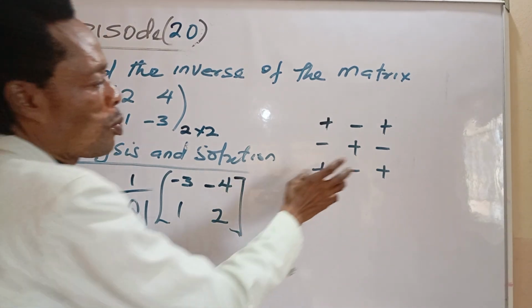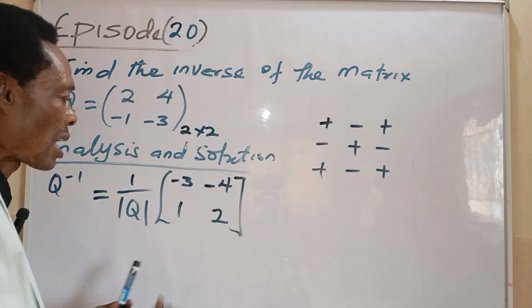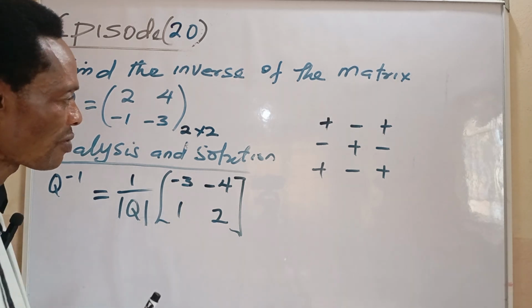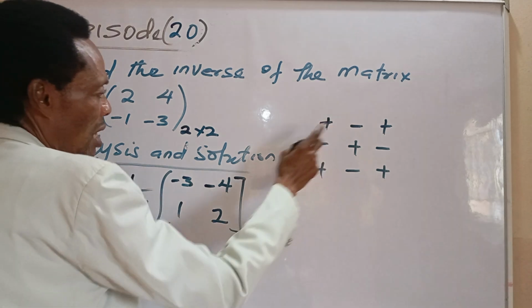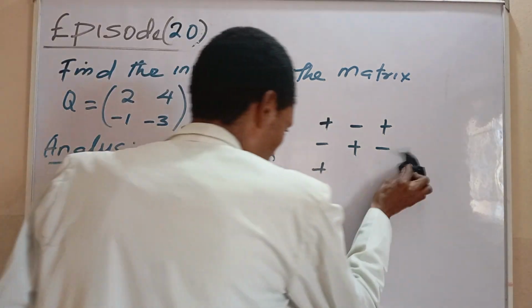From the chessboard here, this is where you determine their respective signs. So this is how it will look.